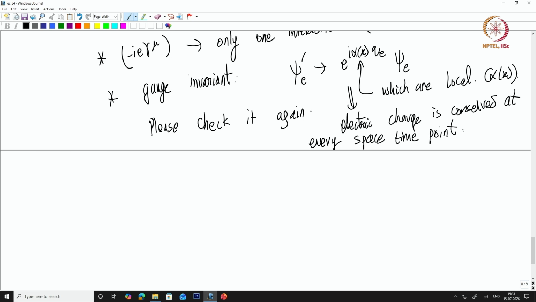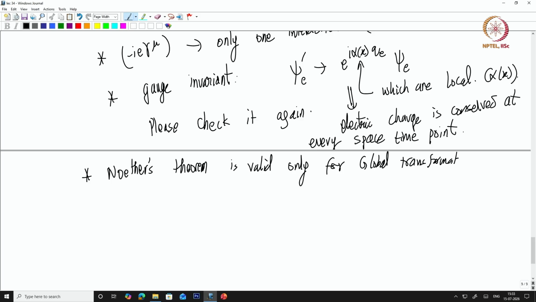Now, there is some subtlety here. Noether's theorem is valid only for global transformations, like global baryon number, lepton number, electric charge.